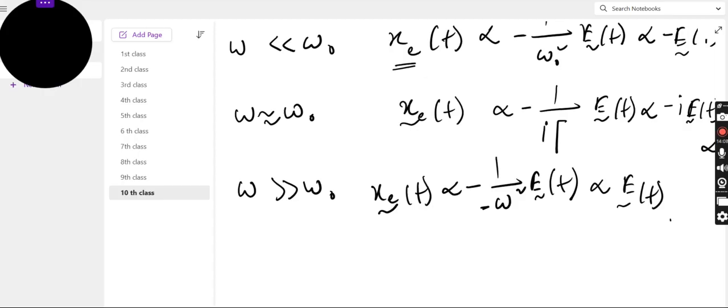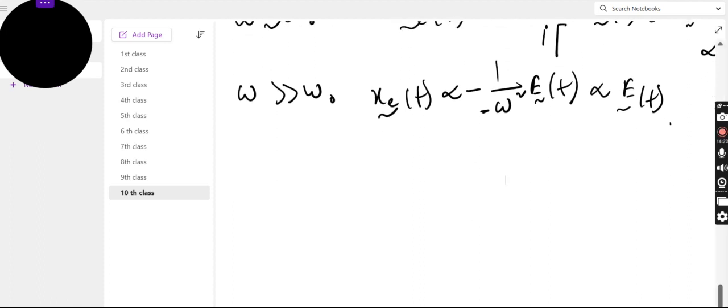And when the frequency of the electric field is way greater than the natural frequency of the electron cloud, we get that they are in phase. So now we go on to dive into the thing we have learned, that is the Lorentzian model or Lorentz oscillator model.